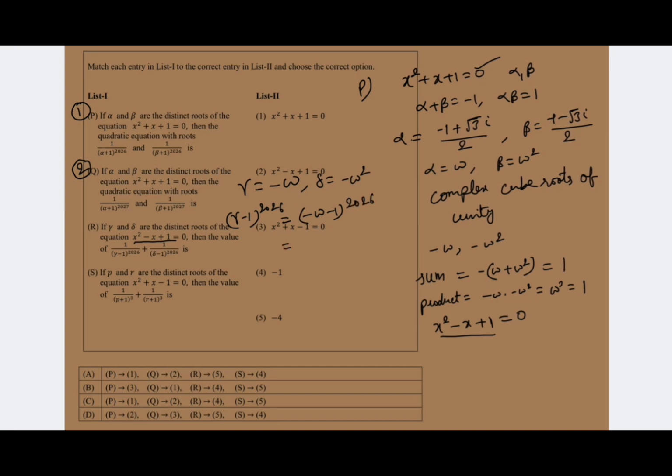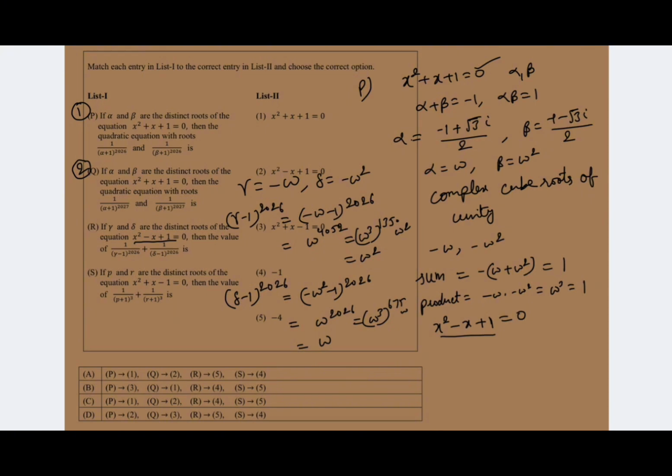And we know that 1 plus omega is minus omega square. So we have omega to the power something, and this is nothing but omega square. Similarly, we can find delta minus 1 to the power 2026, which is minus omega square minus 1 to the power 2026, which we can easily find, which is omega.